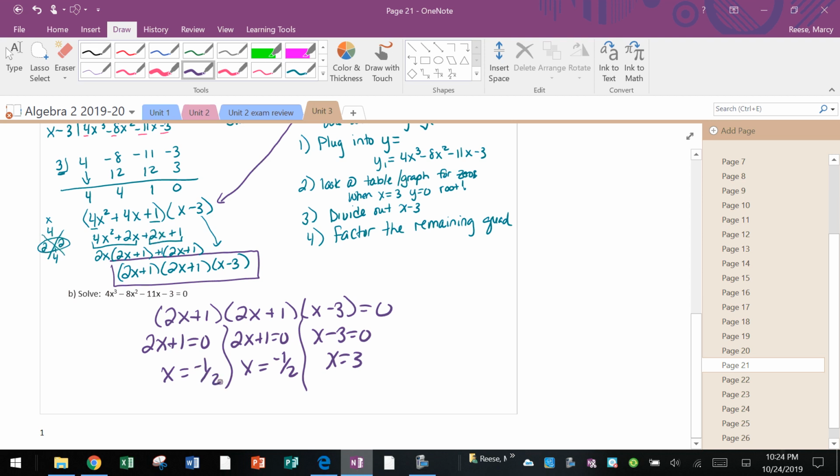Right? And then now you have 3 roots. Well, 2 roots really, because x equals negative 1/2 is twice. It has a multiplicity of 2.